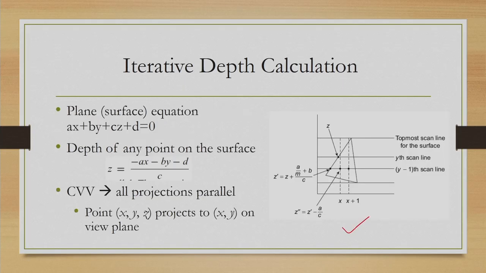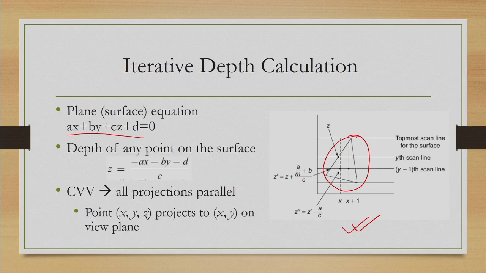Consider this scenario here. This is an illustrative way to understand this iterative method. We are considering this triangular surface, which after projection looks something like this. Now, the surface equation we know, which we can represent as ax plus by plus cz plus d equal to 0.